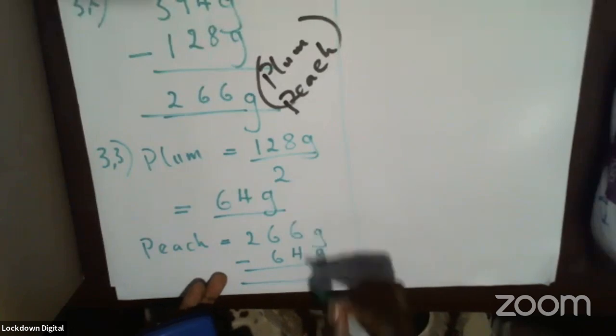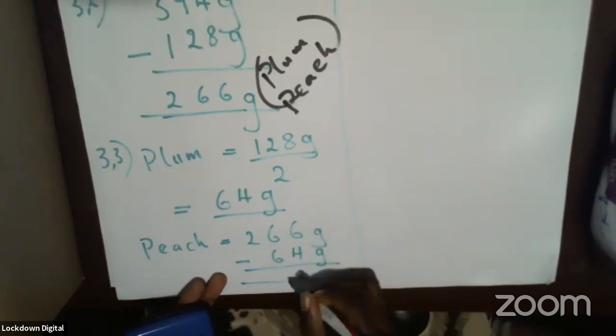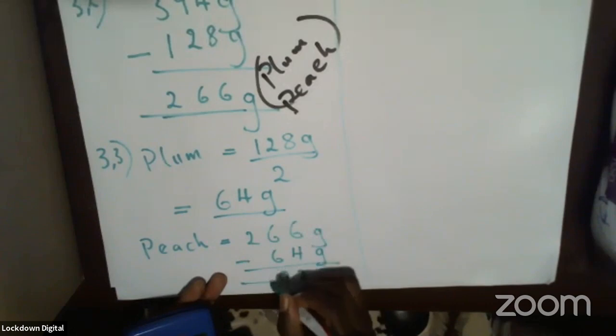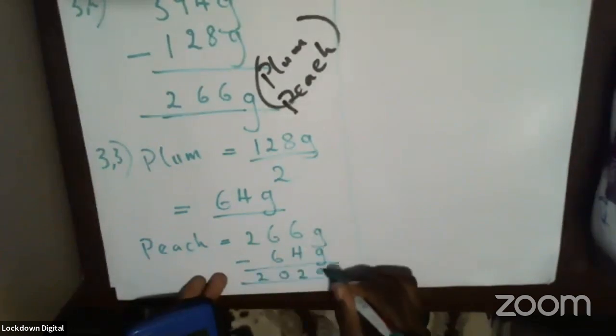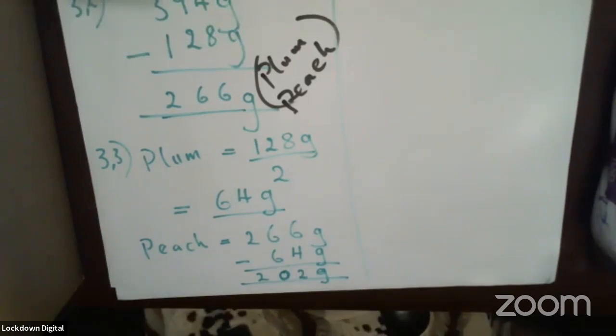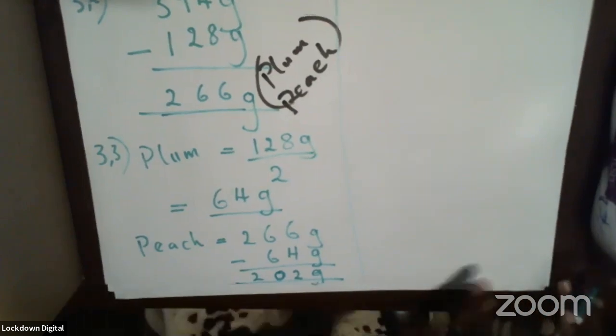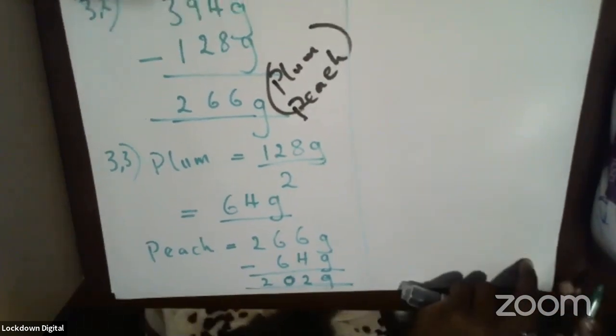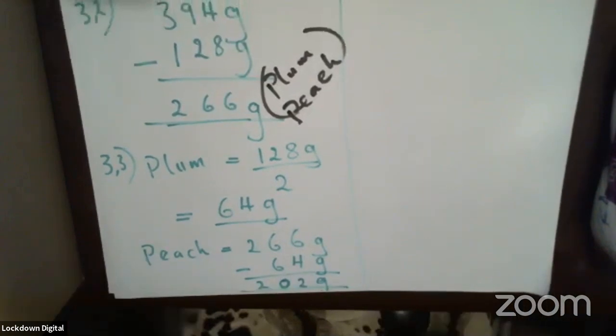So 6 minus 4, we have 2, 6 minus 6, we have 0, 2 minus 0, we have 2. So here we have the required answer of 202. So that is the mass of the peach. So these are the steps we have to follow, guys. As you can see, these are easy steps to follow, simple and straightforward. Okay. Let's move on, guys, to the next question.